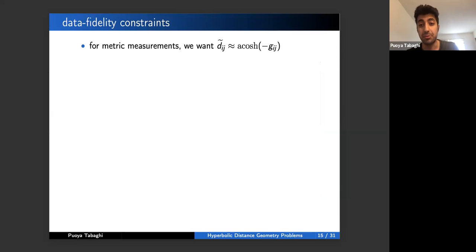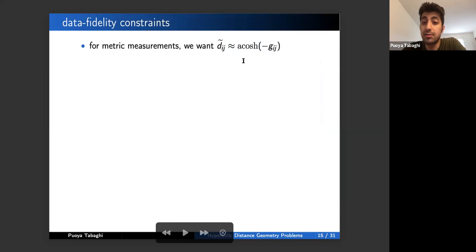So for metric measurements, where we have noisy pairwise distances, we want this condition to hold. We want Dij, which is the noisy measured distance, to be approximately what we get after embedding the points, right? But this is a nonlinear function of our parameter Gij. So I'm going to take the hyperbolic cosine of each side, and say we want the hyperbolic cosine of our measurements to best represent this parameter.